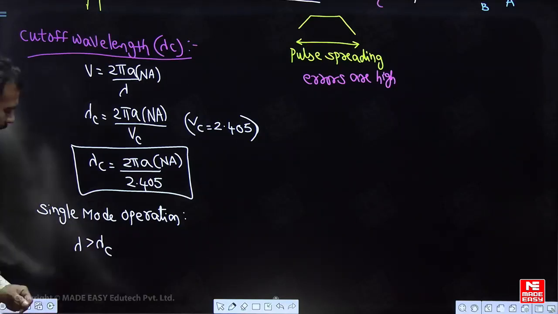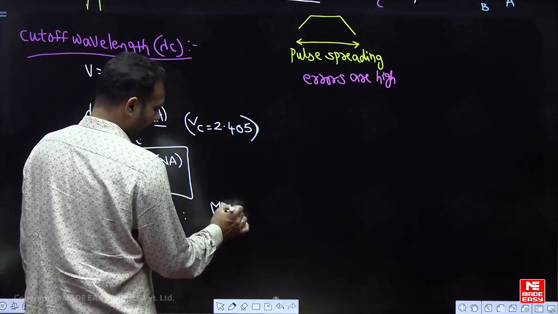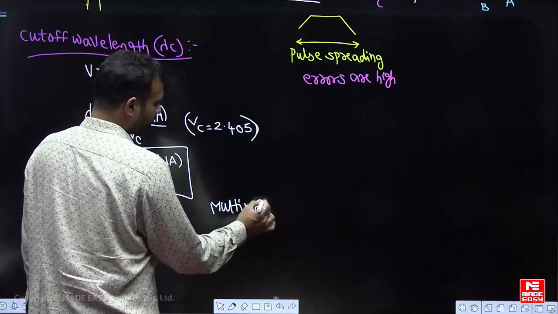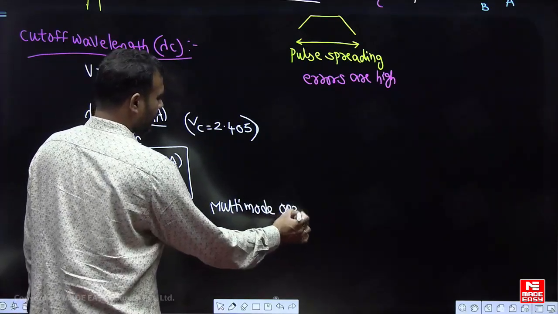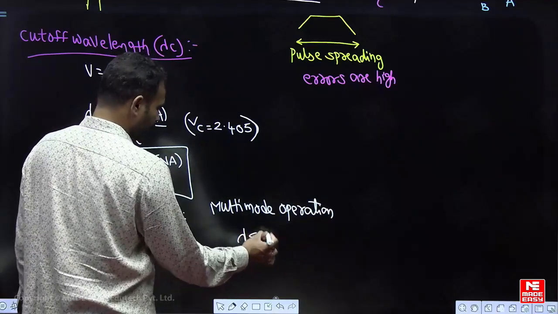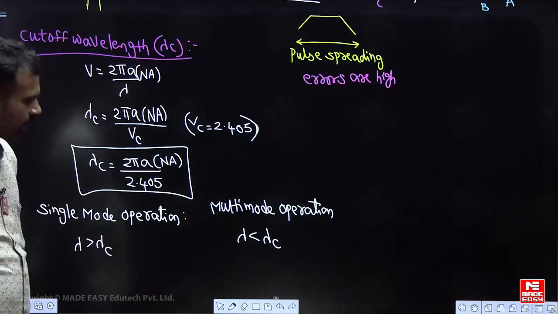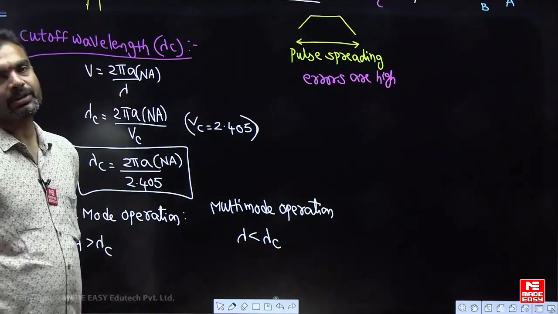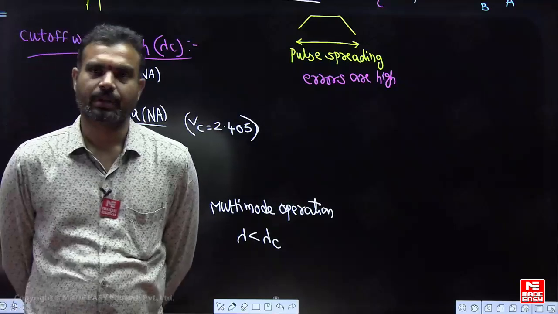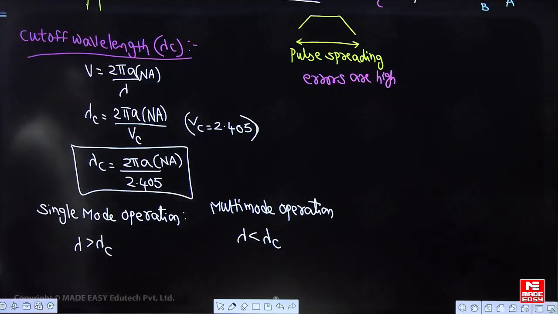And for multi-mode operation, the operating lambda should be less than the cutoff wavelength. Then only multi-mode operation will be possible. So, this is about the cutoff wavelength.